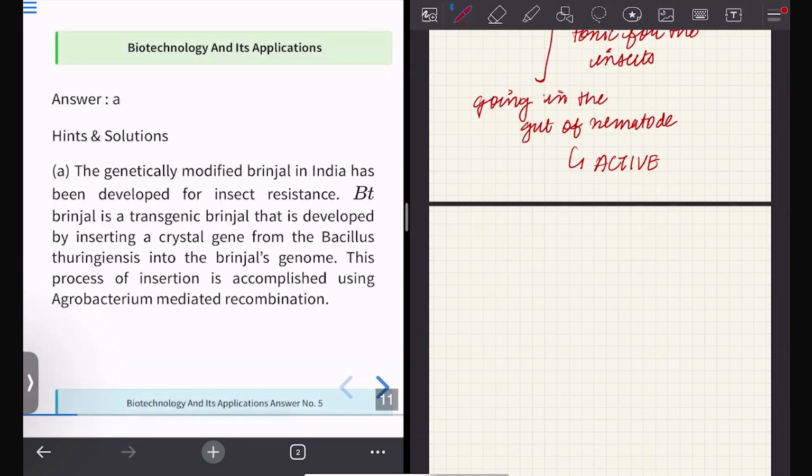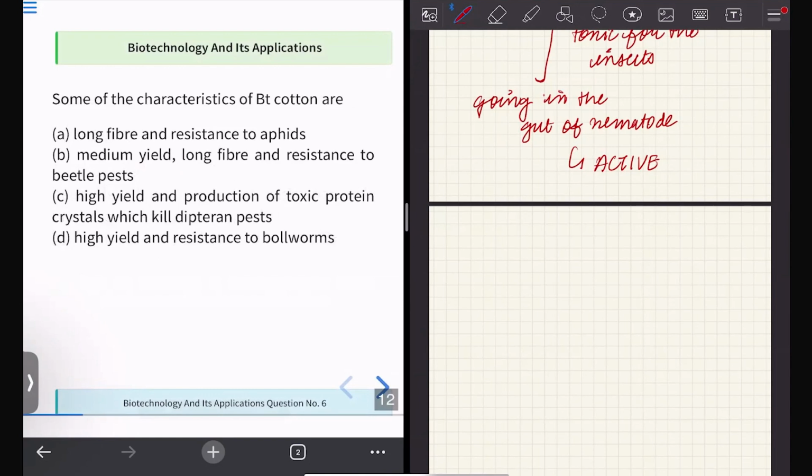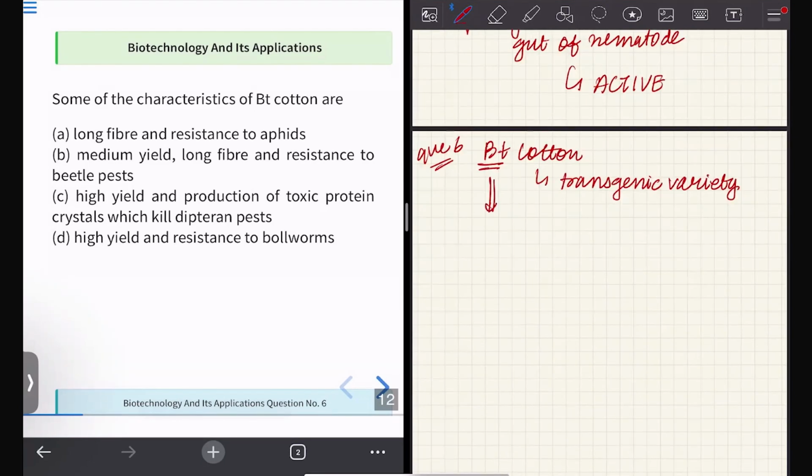Moving on, some of the characteristics of BT cotton. What does BT cotton signify? BT cotton is a transgenic plant. BT means Bacillus thuringiensis. What is the significance of this particular bacteria here?